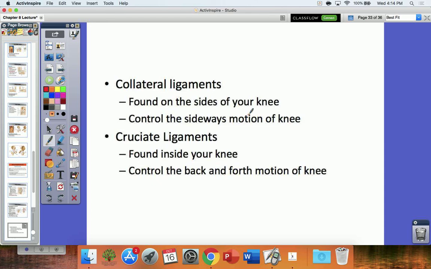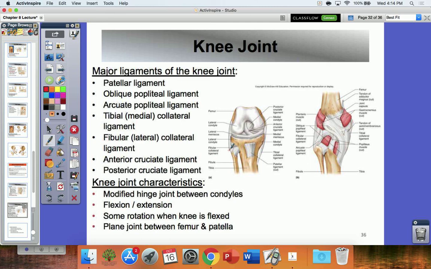And I added this extra slide. I don't know if this one is in your notes or not, but this just breaks down collateral ligaments from cruciate ligaments. Collateral ligaments are side ligaments that control the sideways motion of the knee. So those are the fibular collateral ligament and the tibial collateral ligament.